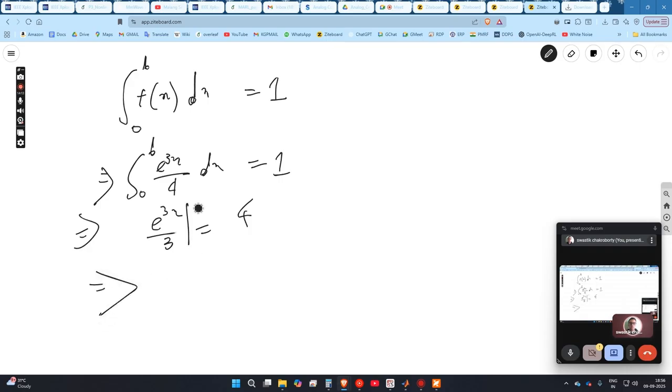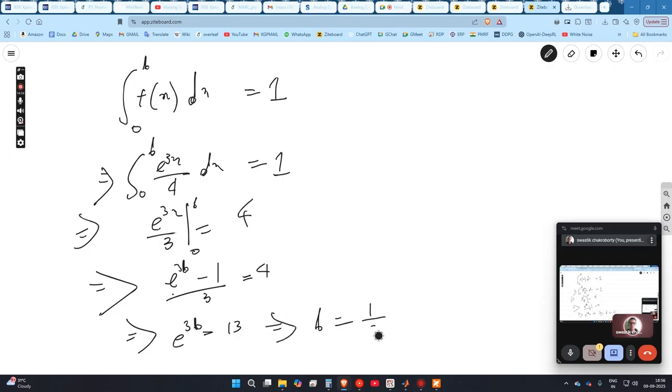Now this varies between b and 0. So it is e to the power 3b minus 1 by 3 is equal to 4. So e to the power 3b becomes 13. So b becomes ln 13 by 3, so 1/3 of ln 13. That is the answer: 1/3 of ln 13.